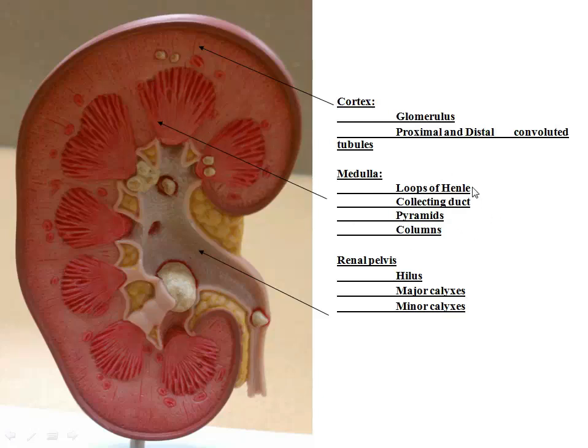But from the nephron relations, our important point is that the loop of Henle and collecting duct you will find in this region. In the renal pelvis, what you will see is a hilus, that is the opening portion, the large portion, which is the collecting opening of all the major and minor calyx. Then these calyx are the small branches coming from the different parts of a kidney.